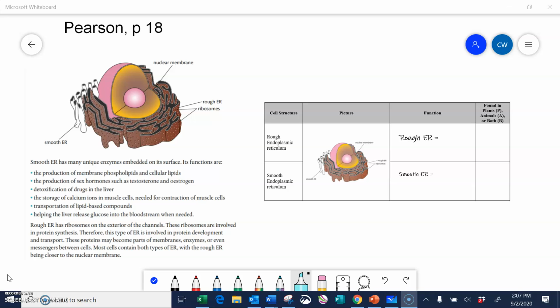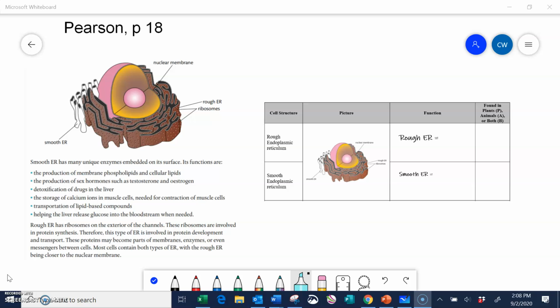For example, testosterone and estrogen are only produced in the testes and the ovaries. They would not be happening at smooth ER in cells in other places of my body. And I can see several of the others are specific to the liver or the muscles. So as I'm taking a look at this, I want to focus in on general functions that would be true for the ER in pretty much every cell of a eukaryotic organism.